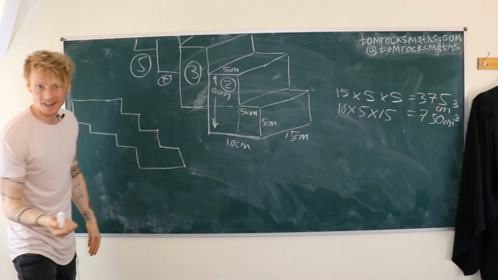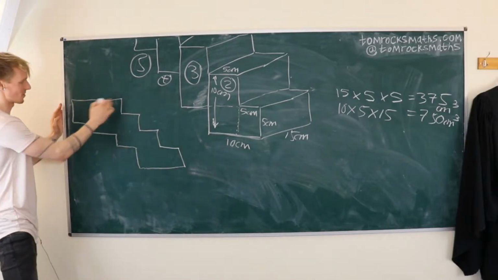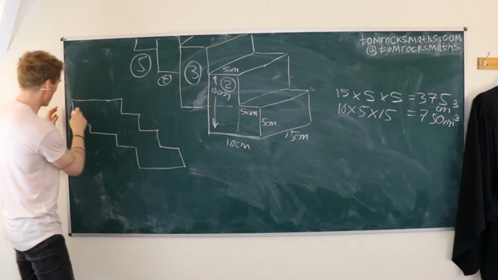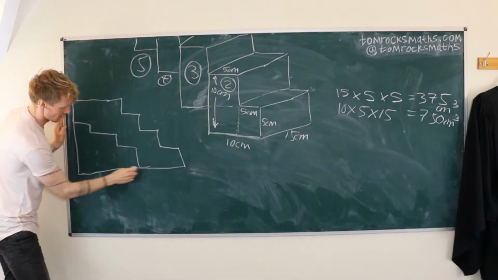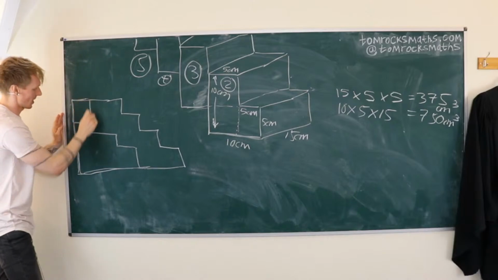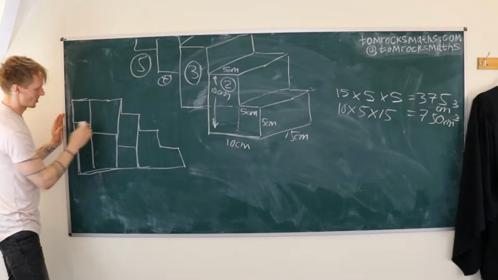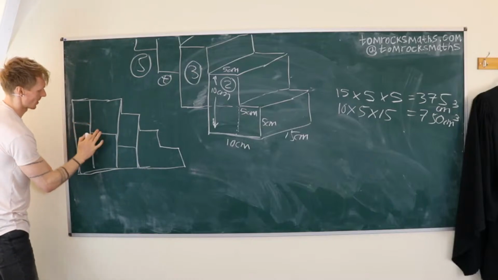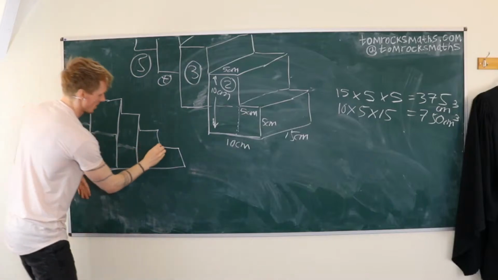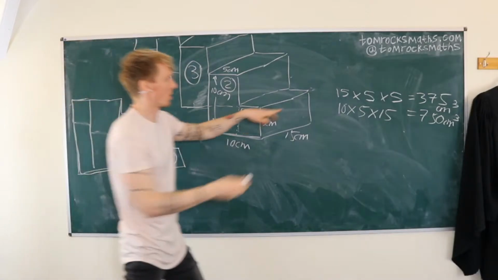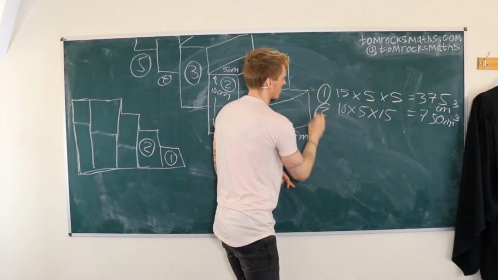Now, there's another interpretation of a set of stairs, which is instead of having it go off the ground, you could have an old-fashioned set where you want this to go all the way down to the ground, like so. And if we were doing this, then I would just divide this up into several cuboids like so. So this is 1, which we've already done. Then we did 2. So 1 was this one, and this was 2.